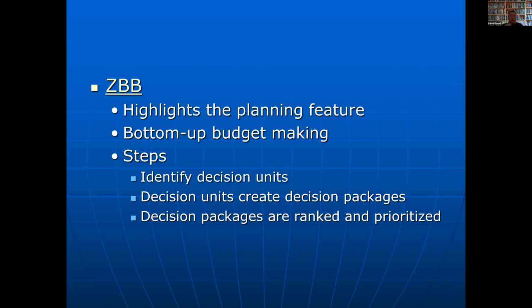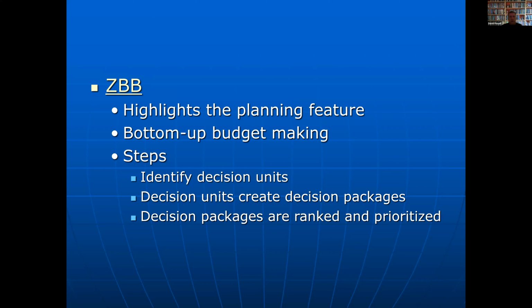So typically under a regular line item budget, what will happen is you'll have the budget constructed at the upper management levels of the organization. And it's your top level managers that put together the budget for their units or for their departments. So it tends to be a very top-down type of situation. In zero-based budgeting, it tends to be much more bottom-up in that you go to the lowest level in your organization where budget decisions can be made.